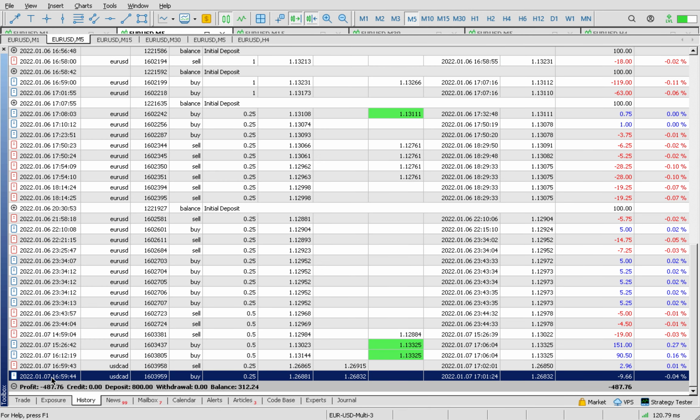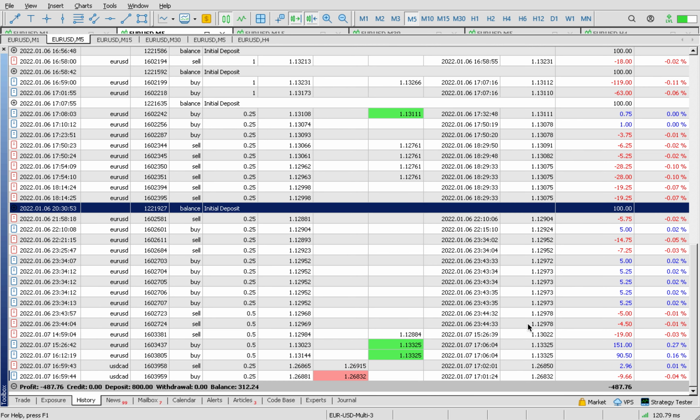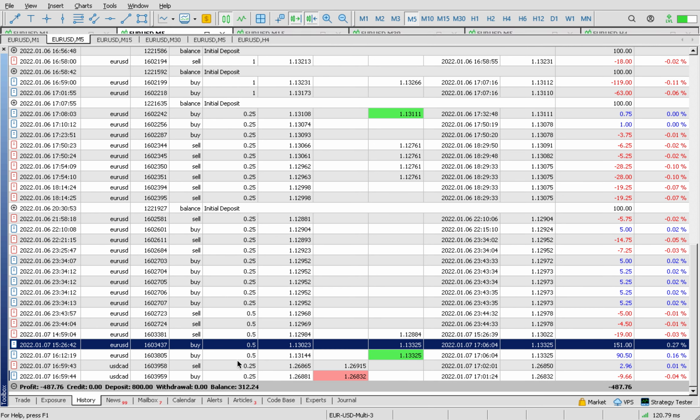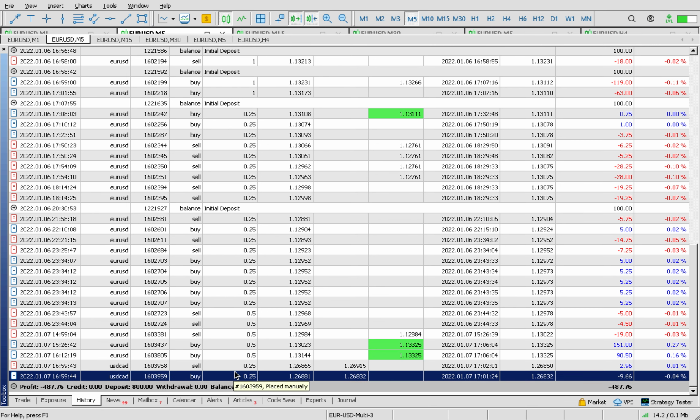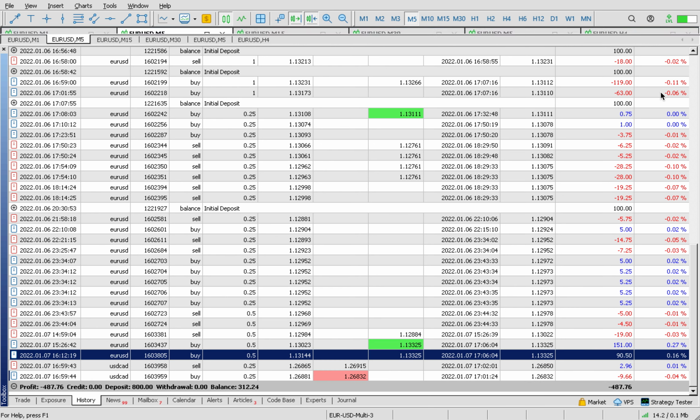I want to sort by the reason it's showing this after this is because those are positions we took after. Yeah, okay, but that's a good win on the Euro USD.